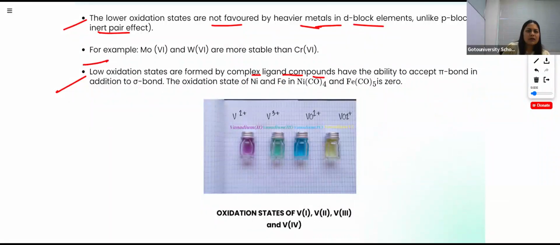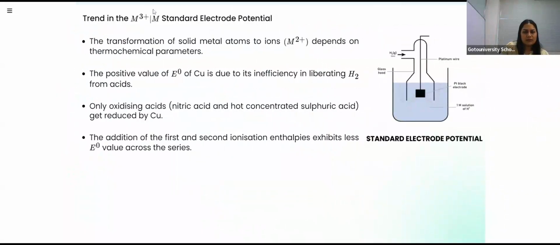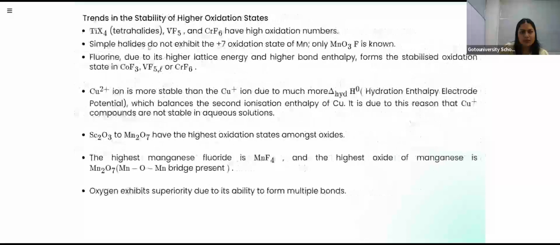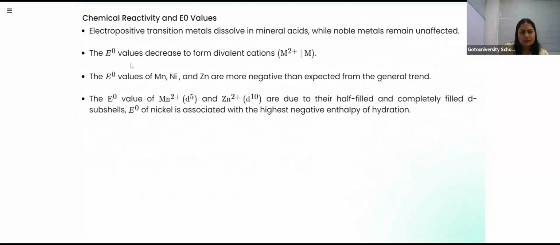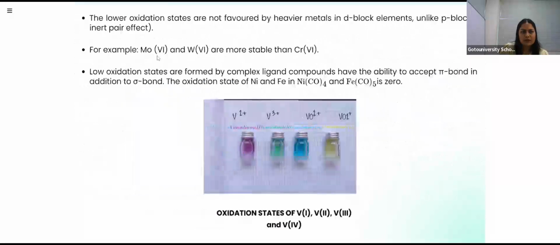Now here comes one more property: transition metals form a number of complex compounds, and ligands are very helpful. Let me tell you how they do the formation of complex compounds.